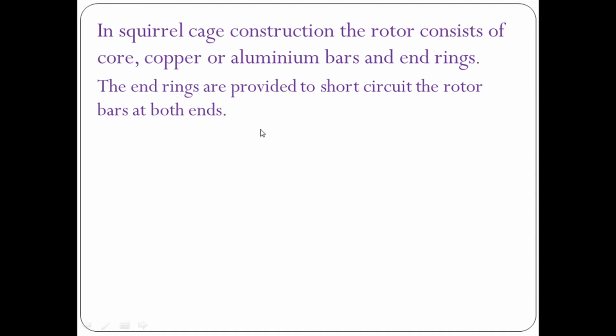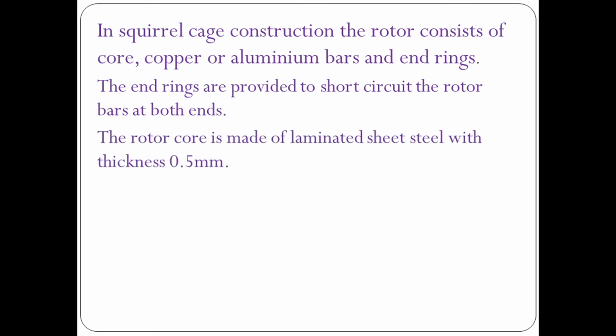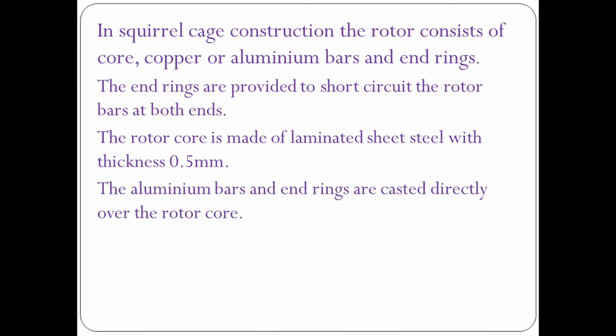So the conductors which are placed in the rotor slots are short circuited at both ends, and that is called the end rings. The rotor core is made of laminated sheet steel with a thickness of 0.5 millimeter. The aluminum or copper bars and end rings are cast directly over the rotor core.